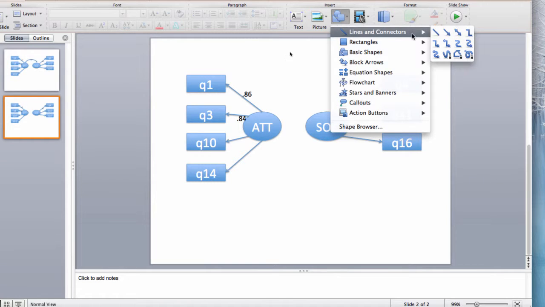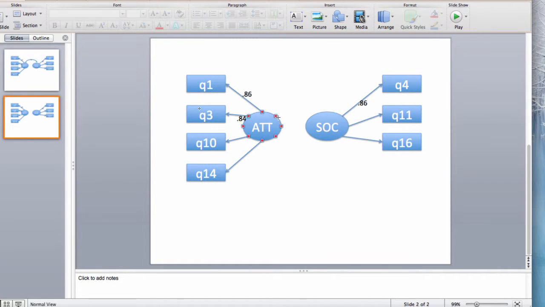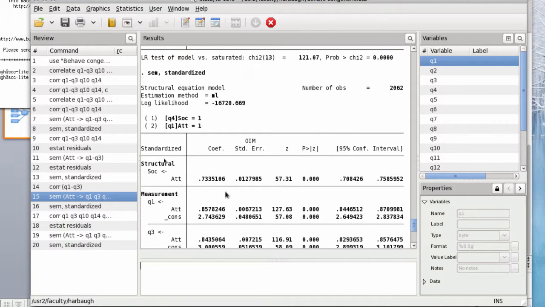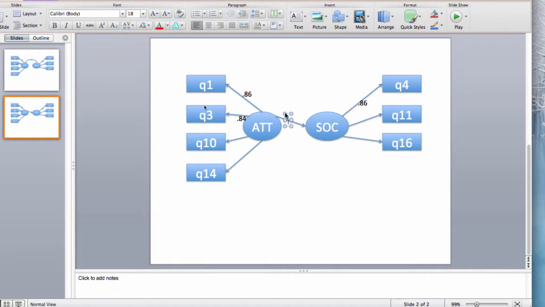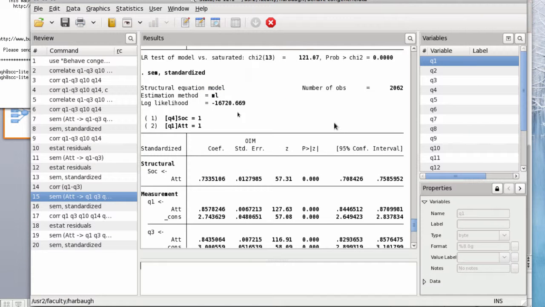I'm saying it actually turns out that attentiveness directly influences sociability. So I've drawn a line between them. Now if I standardize this, the path coefficient is 0.7335. A standardized path coefficient essentially equates to doing a partial correlation. In this case, there are only two latent variables, so that's just the correlation.